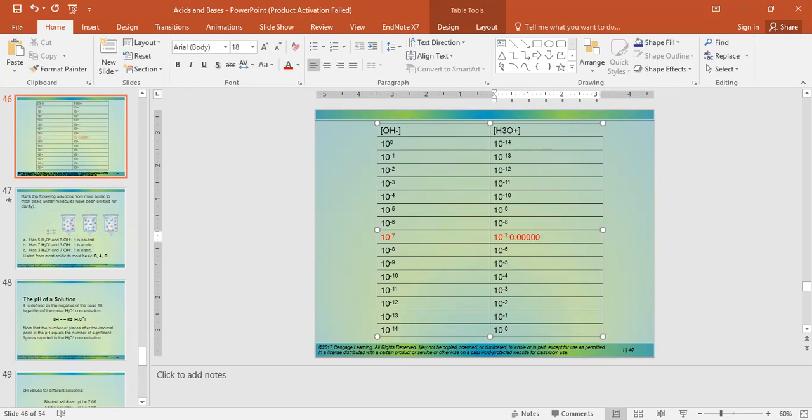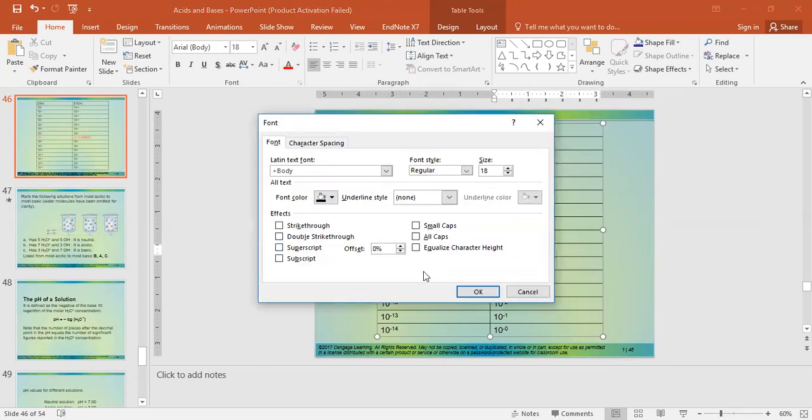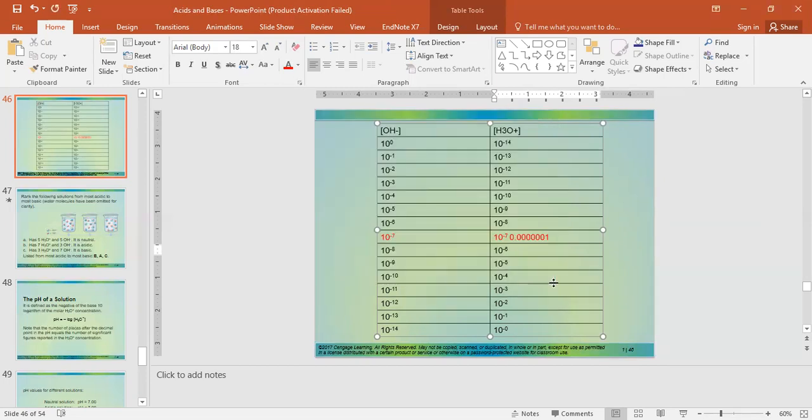How many zeros are those? So 1, 2, 3, 4, 5, 6, then 1. Okay? 10 to power minus 7 is the same as that. Is that okay? Yes. Now, down here, just for you to understand, what you have is the same as, let me put brackets so that it doesn't confuse you.